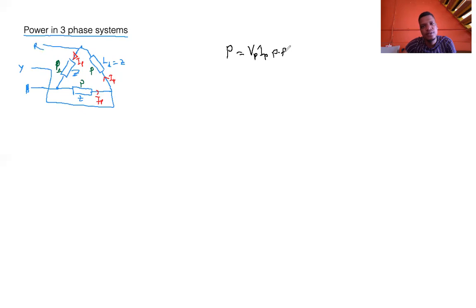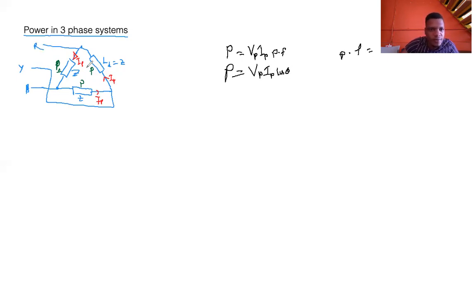This is very important. Once we have the power factor, we all know that power factor is equal to cos theta. So I can rewrite this to be power is equal to V phase I phase cos theta. Simple.